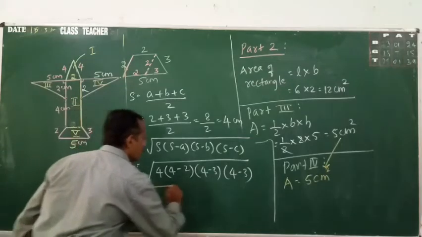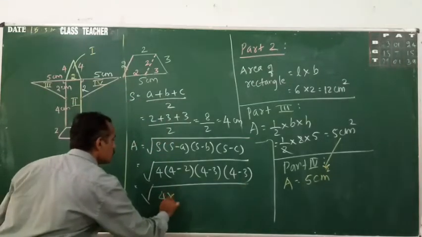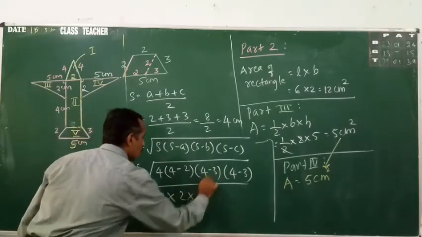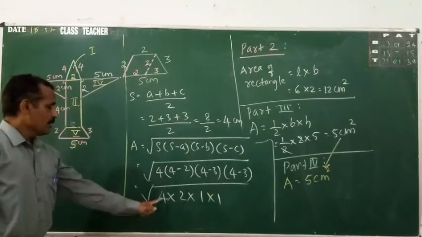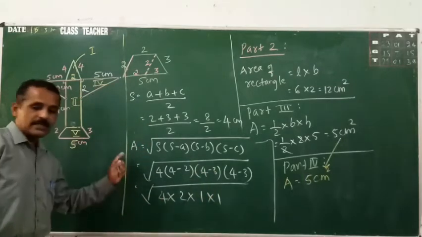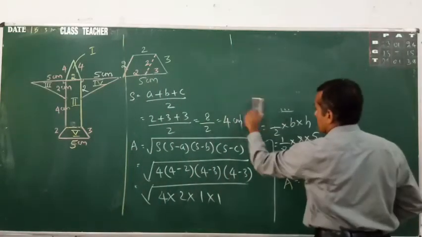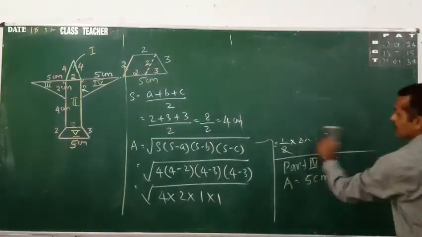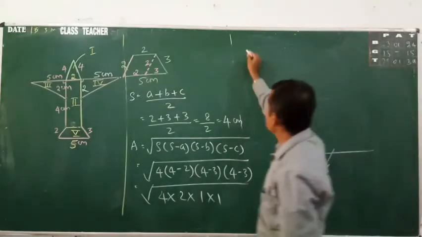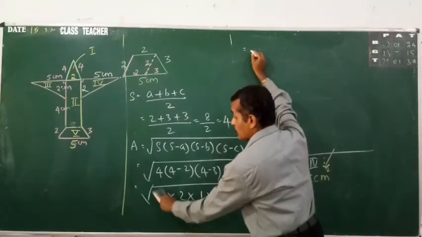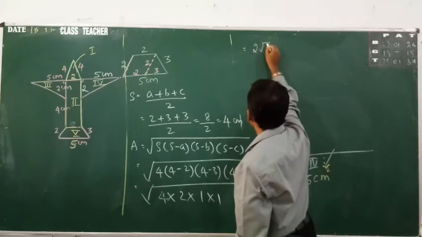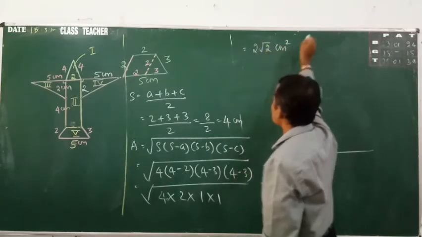Which is equal to under root 4 into 2 into 1 into 1. 4 is a perfect square, 2 will come out. Square root of 4 is 2, so 2 root 2 centimeter square.